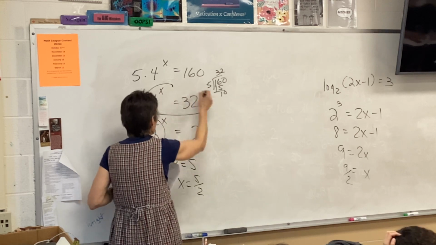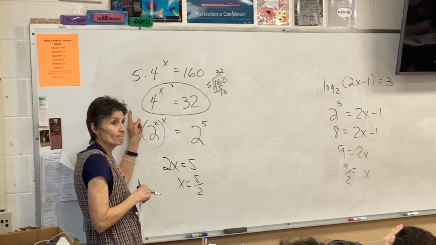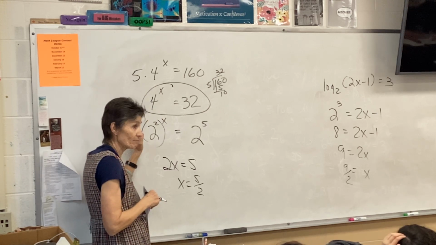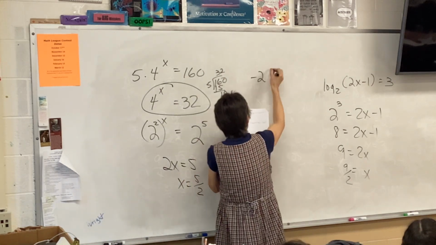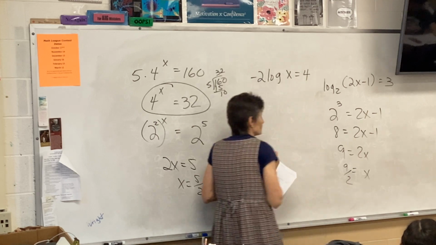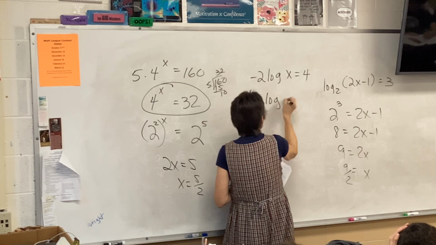If we had our calculators, could we log both sides of this? Yep. Would we get the same answer? But without a calculator, we have to get a common base. All right, what about this one? Divide by -2.